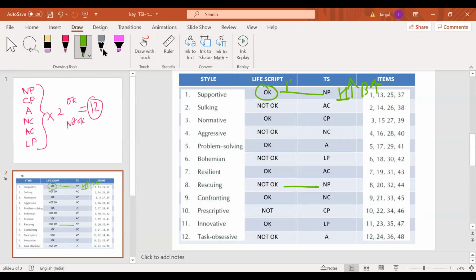All okay scores should be higher than 12. If they are between 9 and 12, there is scope for improvement. If it is less than 9, you really require external help. External help in the sense more training.